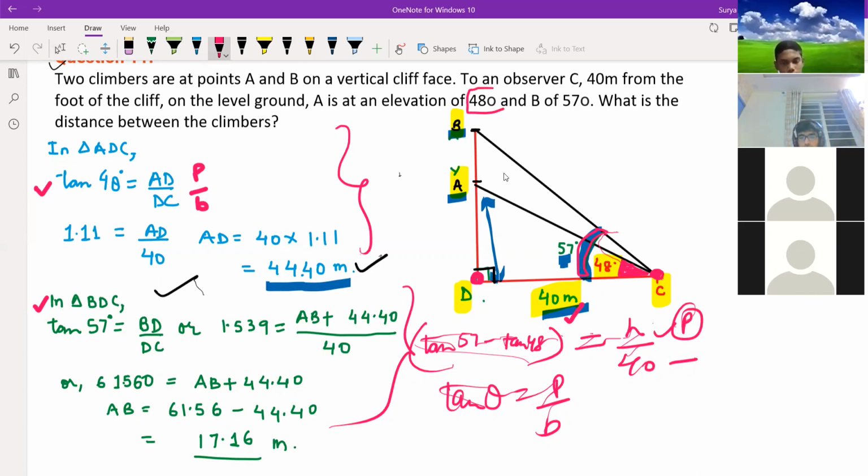If they give 48 and 57 and all, a graph or table should be provided to you. Sir, how will you find it even with the tables? Tan 1 degree, 2 degree, 3 degree, everything is mentioned over there. Okay, in the table. So tan 48, you can just get that answer.